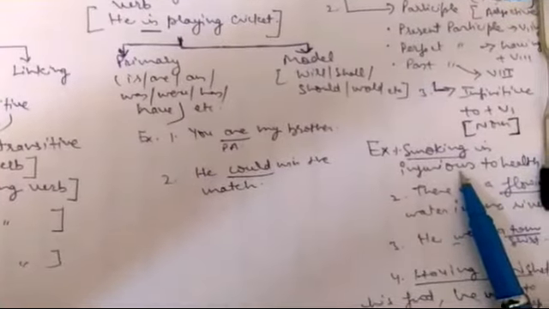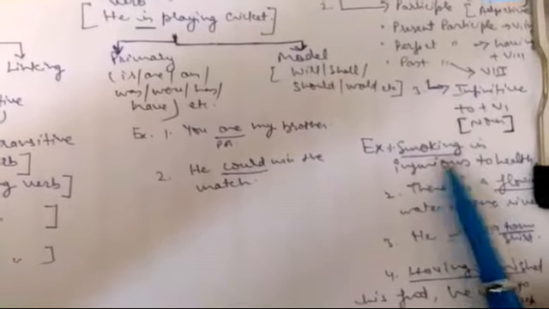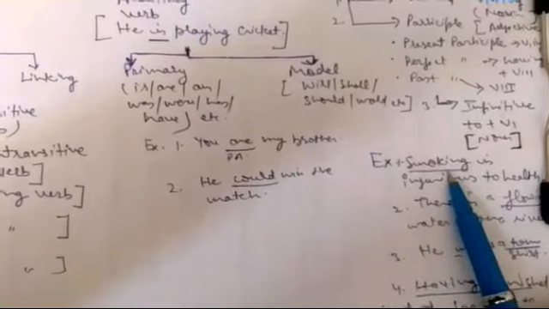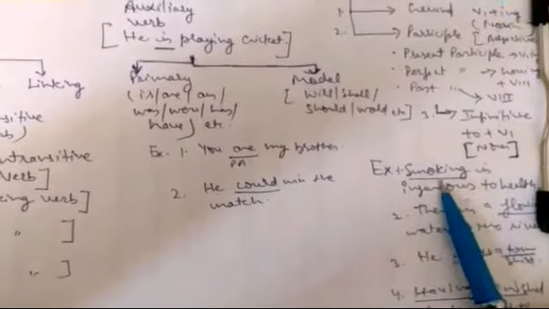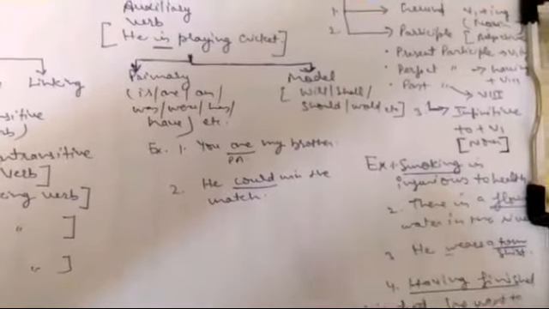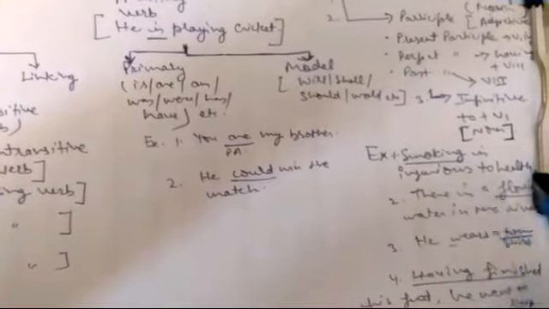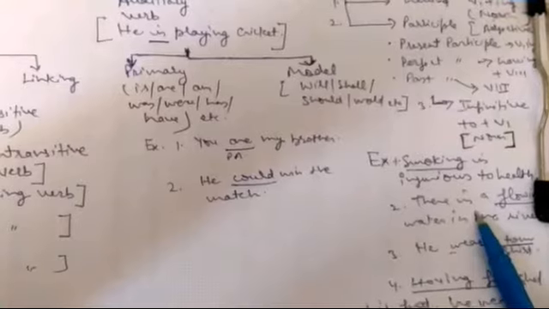This one is the example of gerund. Smoking is injurious to health. This is the noun. This is a non-finite verb which works as a noun. It does not show any tense, number or person. Now the next one is the example of present participle.